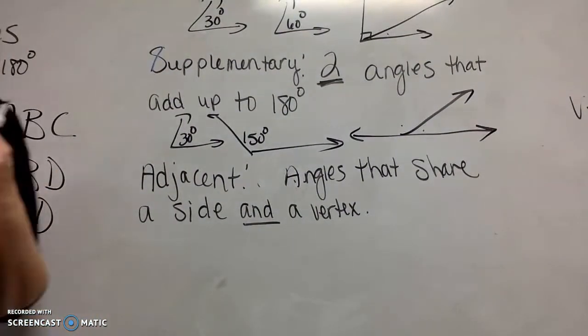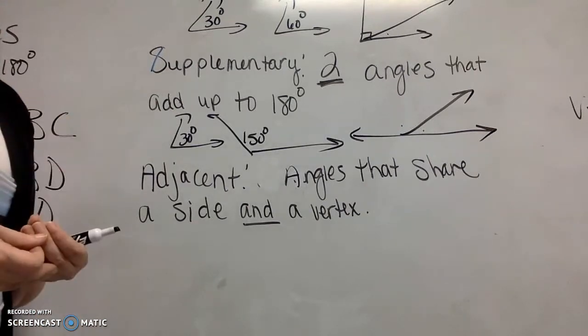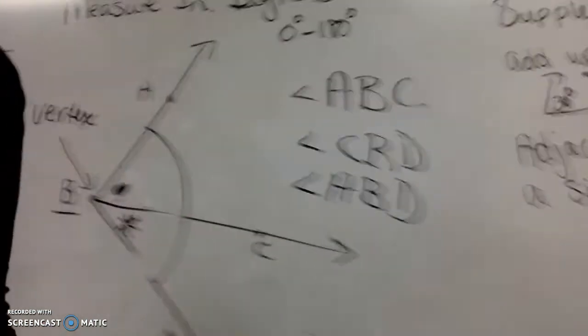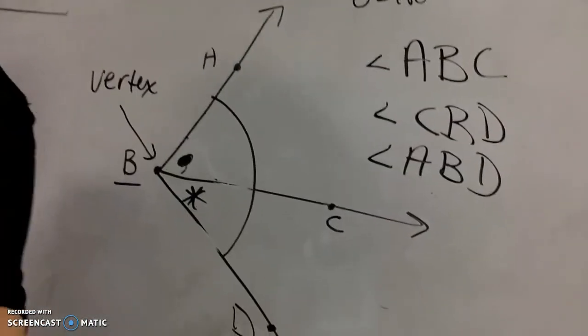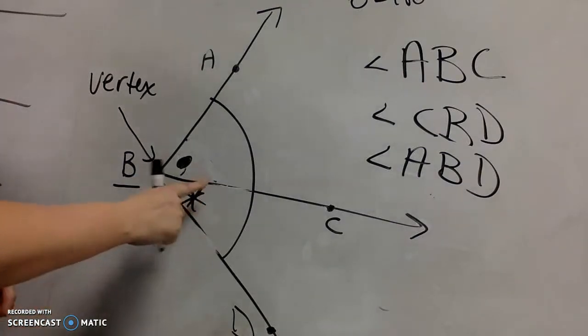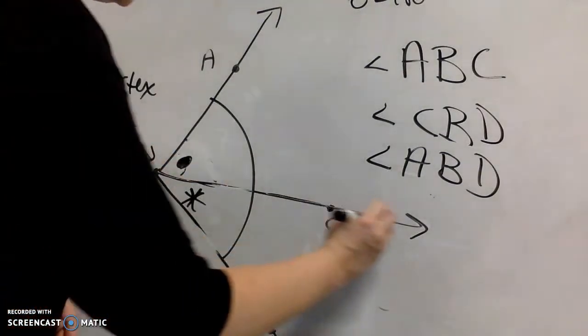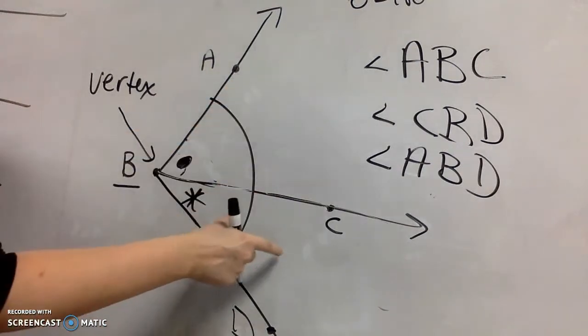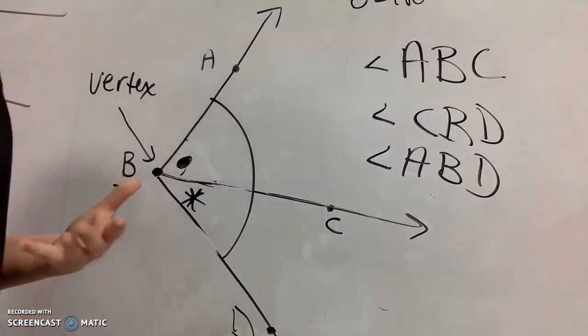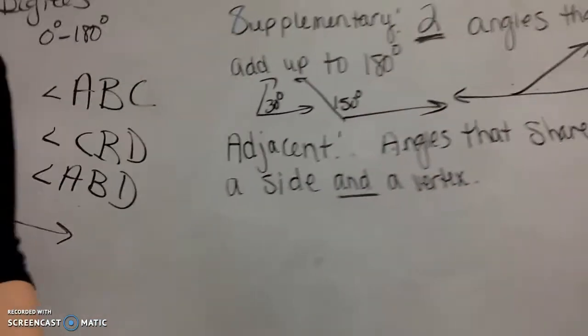Adjacent angles are angles that share a side and a vertex. Okay? So back here, these are adjacent angles. The dot and the star are adjacent angles. They share this side. This side belongs to this angle, and they share the vertex B. It's kind of like living in an apartment.